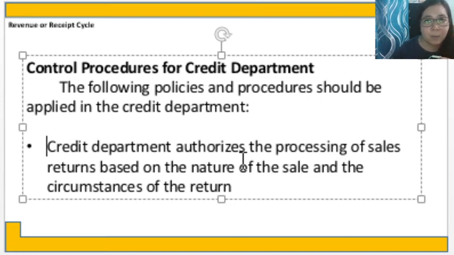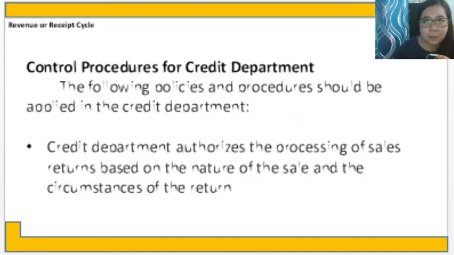But if, for example, the return was made and the reasons of the customer are not acceptable, then probably they will not accept the return. So that's how it is under the credit department for authorizing the processing of sales returns. Those are the different control procedures for the credit department.